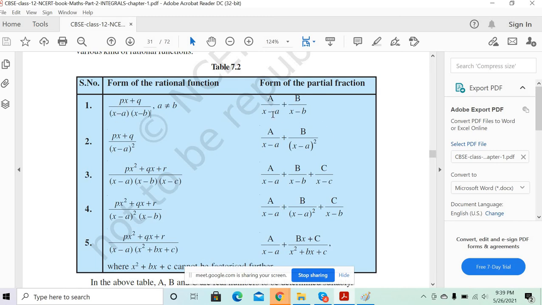If you take the LCM of x minus a and x minus b, and when you solve it, you will get the numerator as px plus q and the denominator as x minus a into x minus b. Clear? So now the entire integrand can be split into this form, and then it becomes easier, right?